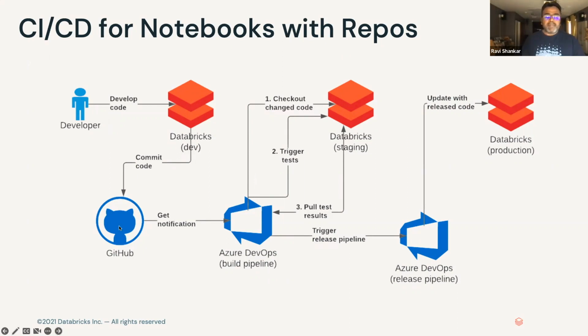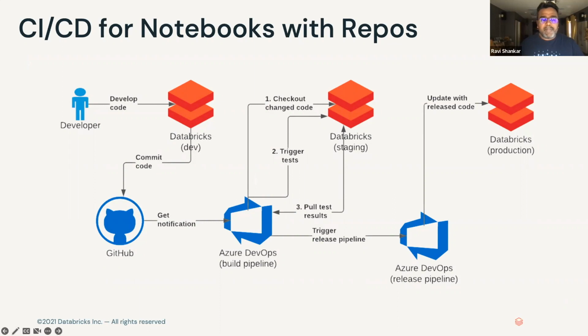As and when something gets committed, the next step is to take that code, check out the latest version from that branch, and run a few different tests as part of it, and get the test results from the staging environment.